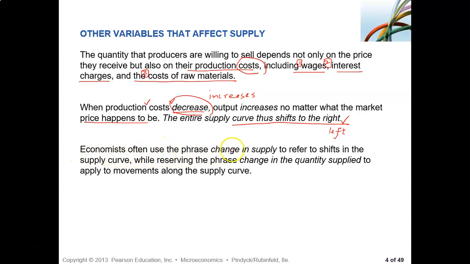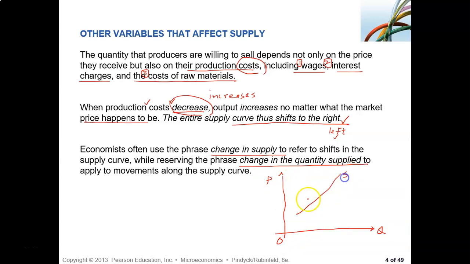Economists often use the phrase change in supply to refer to shifts of the supply curve, while reserving the phrase change in quantity supplied to apply to movements along the same supply curve. This is just as we have discussed. If we make a quick sketch here, this is quantity supplied, zero, and price, and this is the supply curve.